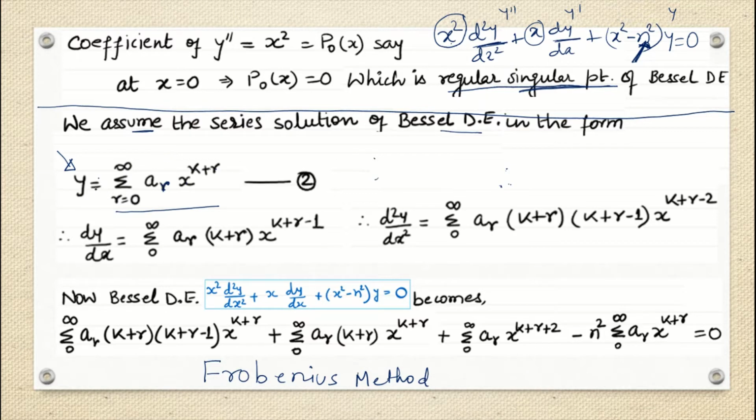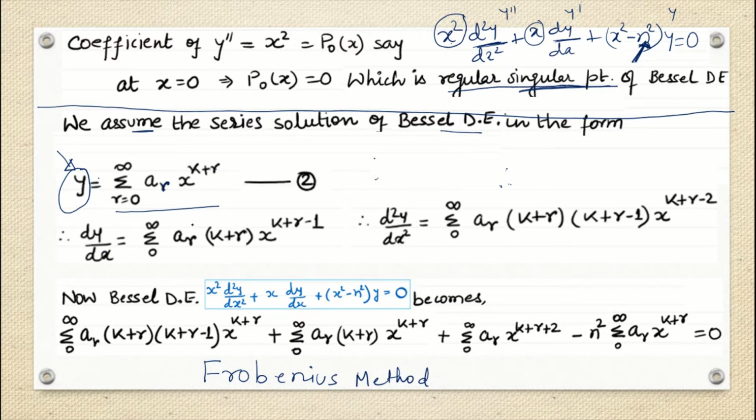This is the method if we are following the series solution method or Frobenius method. This will always be my first step, because I want to solve this differential equation using the series solution method. This is the series, and finally my job will be to find out what this y is. Now the second step is to find dy by dx.